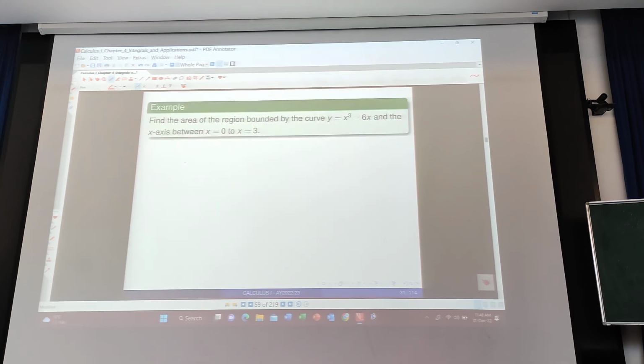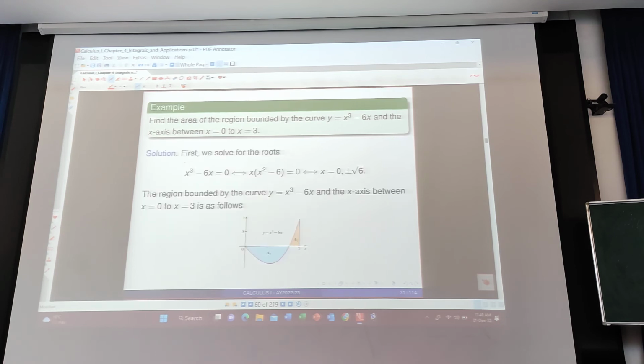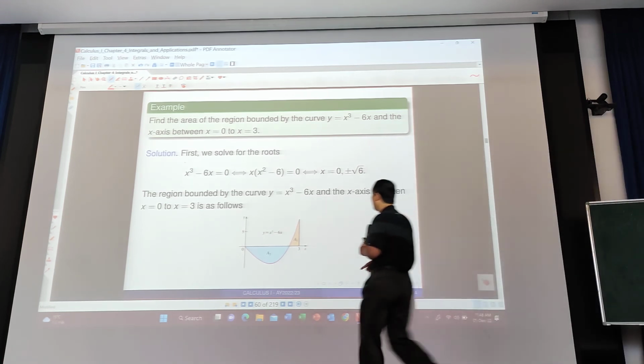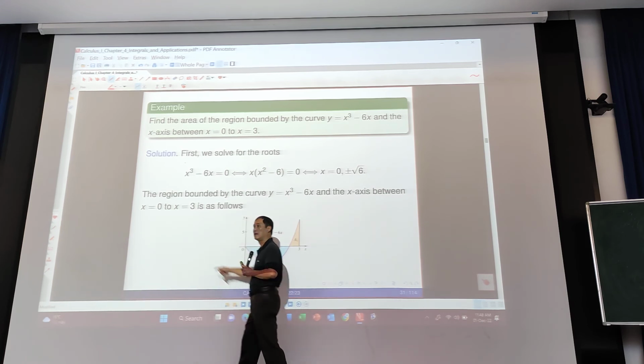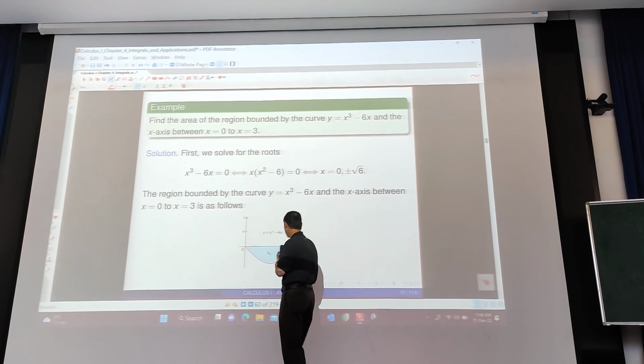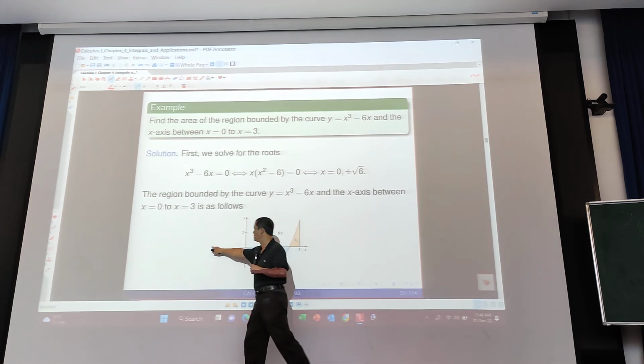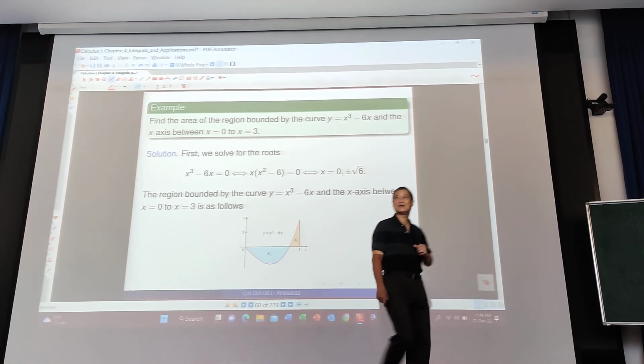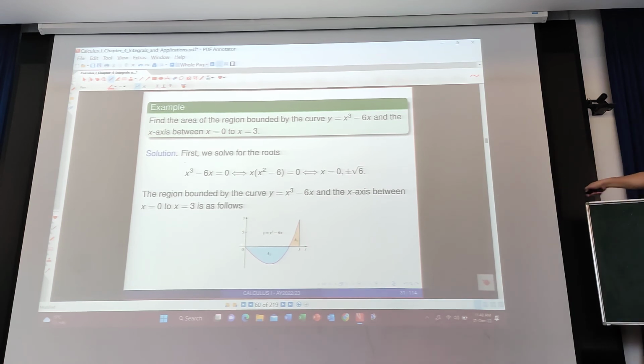Here, look at that. Find the area of the region bounded by the curve x cubic minus 6x and the x-axis between two lines x equal to 0 and x equal to 3. Thực chất, còn có cái hình này nữa. Nó cắt trục tại điểm cộng căn 6 và điểm trừ căn 6. Plus and minus. But we are talking about 0 and 3, x equal to 0, x equal to 3.